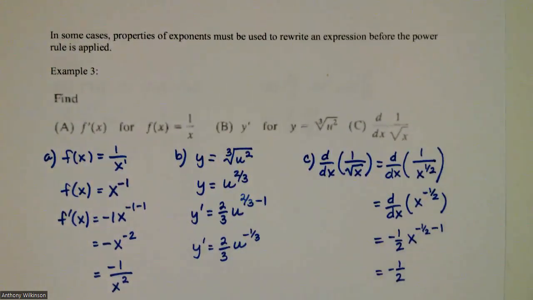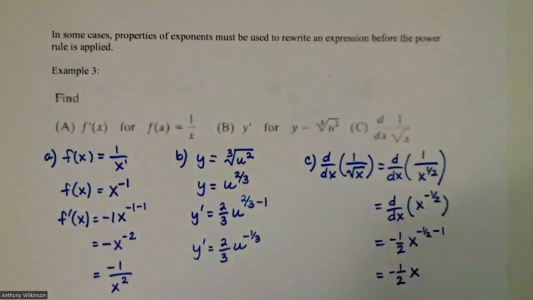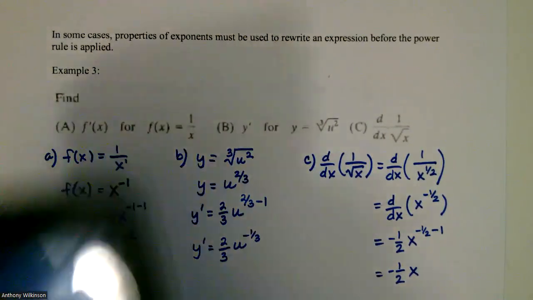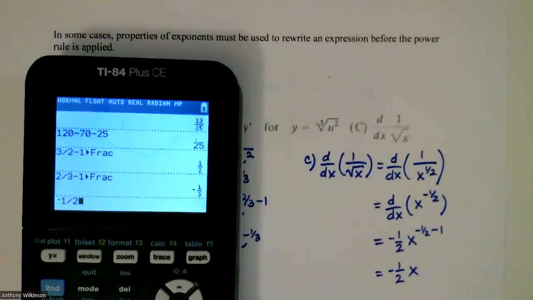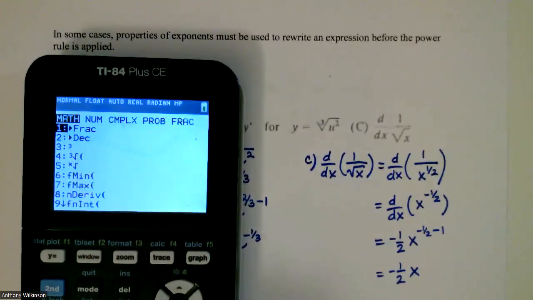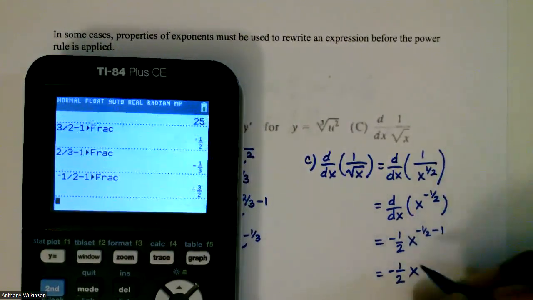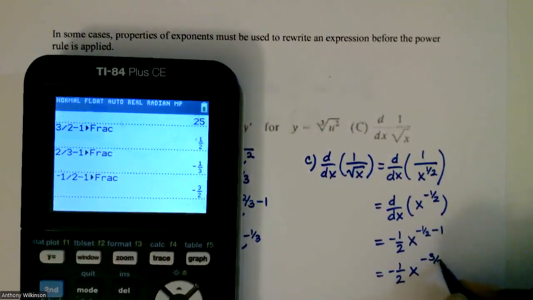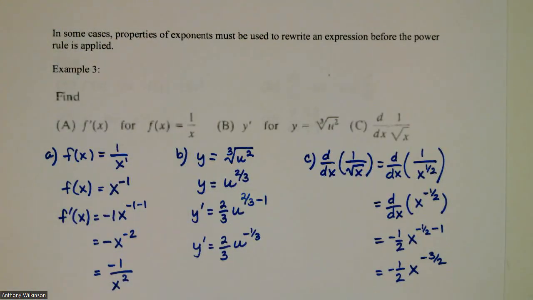So negative 1/2 times x to the, in this case here, negative 1 divided by 2 minus 1, math key, number 1 for fraction, it'd be negative 3/2. Okay, and we will leave it like that as well. So the derivative will be negative 1/2 x to the negative 3/2 power.